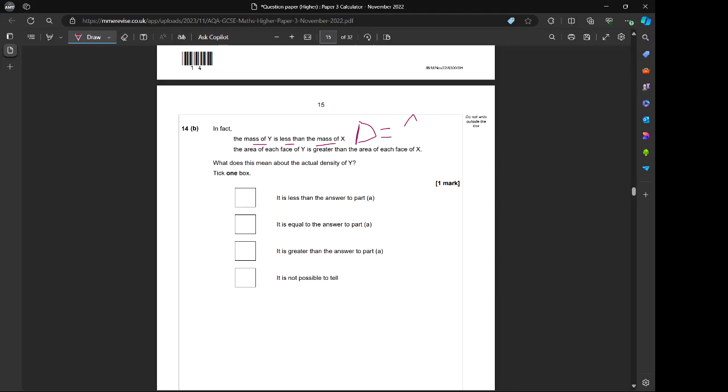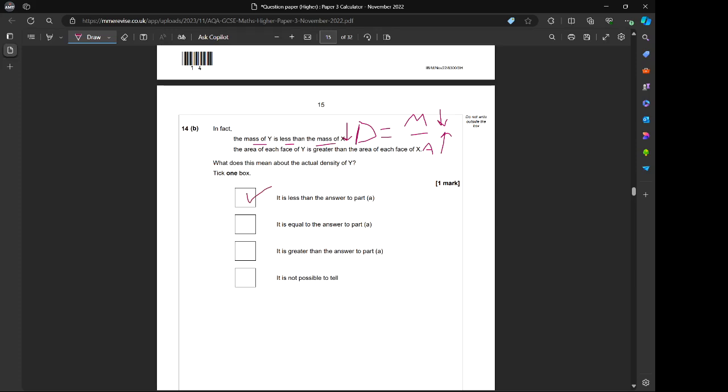So if the mass has decreased, but the volume has increased, then my overall density has actually gone down. So it's less than part A.